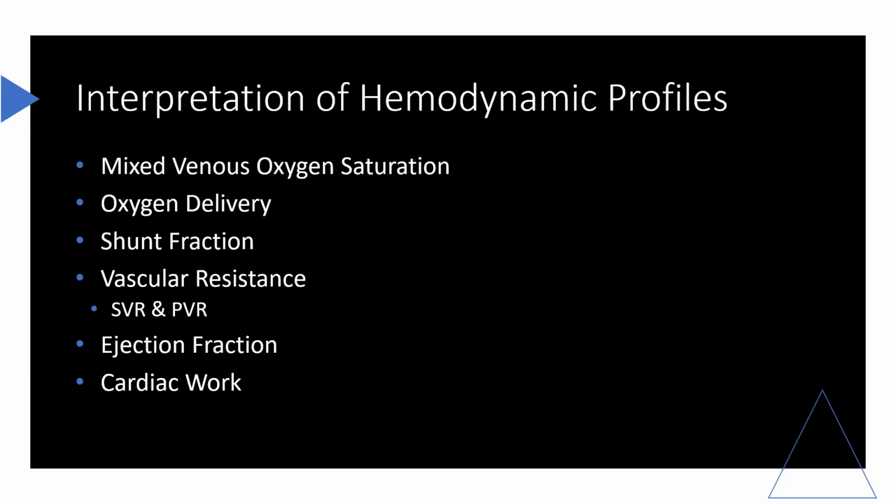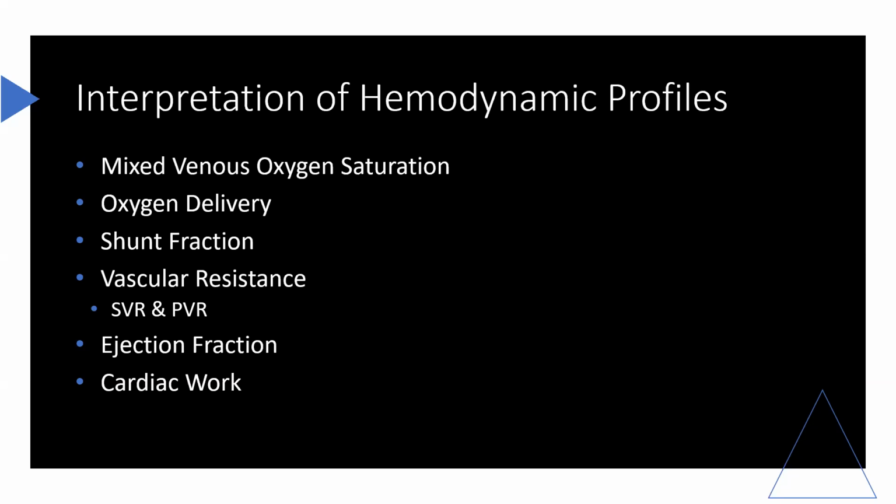Oxygen delivery, or DO2, is the product of cardiac output and the arterial oxygen content. It represents the total amount of oxygen that is carried in the blood to the tissues each minute. Under normal circumstances, DO2 is approximately 1,000 mLs per minute, or about 550 to 650 mLs per minute per meter squared.